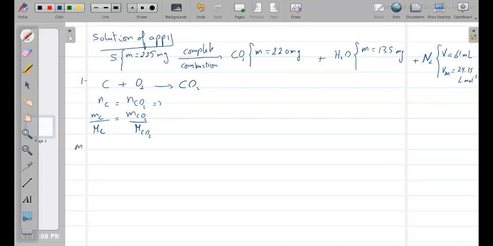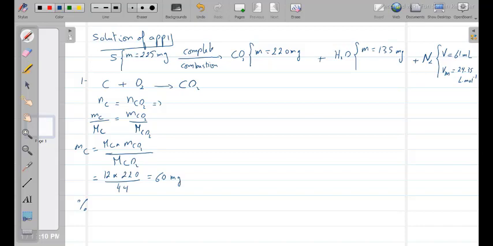Then mass of carbon equals molar mass of carbon times mass of CO2 over molar mass of CO2, equals 12 times 220 milligrams over 44, equals 60 milligrams.